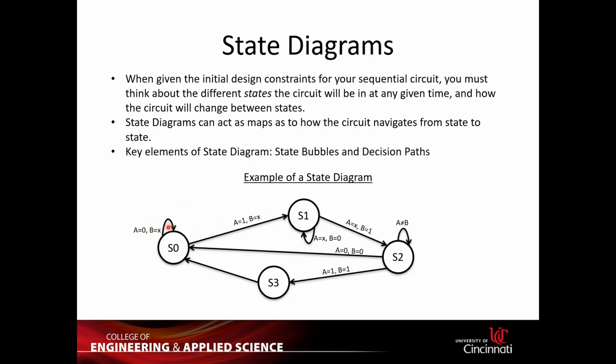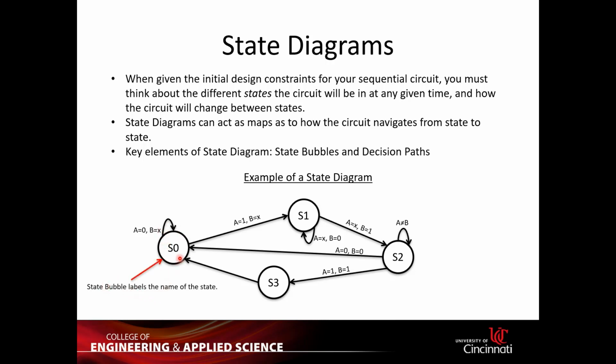Sometimes you have 2 inputs, but for some decision paths, for example in this path, B can actually be don't care, so you can use both inputs. Sometimes you can don't care one of the 2 inputs, but the main point is you have to know for what type of input your state will change from one state to another state.